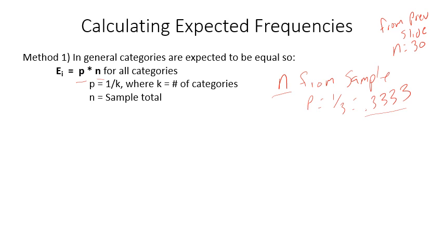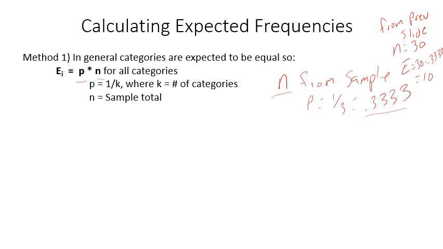So you'd multiply 0.3333 times 30. In this case, expected equals 30 times 0.3333, or expected equaled 10. So if you remember from the previous slide, we had an expected of 10 for each category. So when all categories are expected to be equal, this is an easy one.